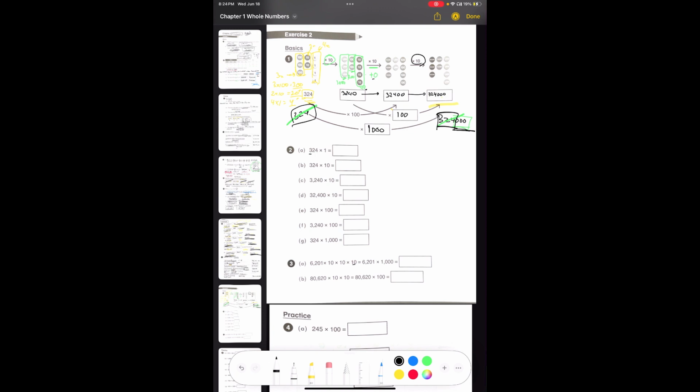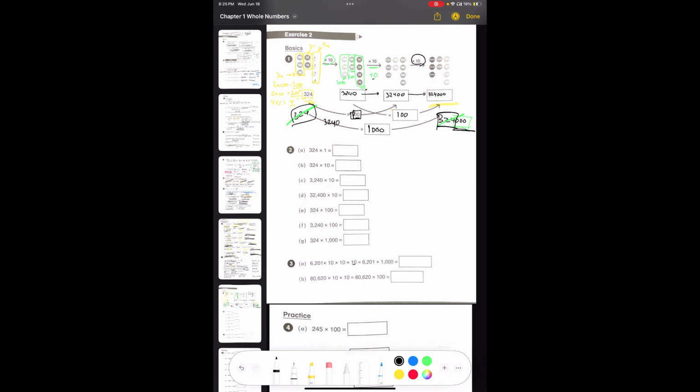So what I want you to do now is look at this. I know you guys already did it on your homework, but from what you just learned here, which is that you can just add another 0 for each 0 you see. So there's a 1 here, so we should write 324 because 324 times 1 is 324. And after this, we have 2 zeros here.